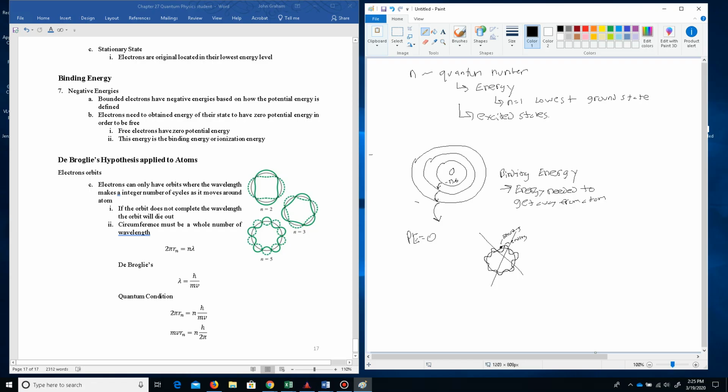Right? So the circumference itself must be some whole number of the wavelength. So we have 2 pi times the radius, that's the circumference, 2 pi r, equals some number n for the orbit times some wavelength. And so the wavelength equals h over mv from de Broglie's. So we plug that in for the wavelength and we get 2 pi r equals n h over mv.